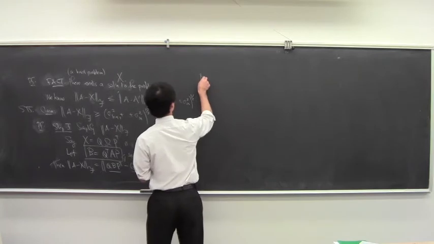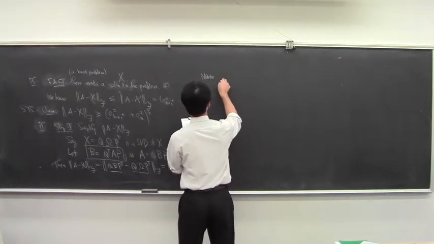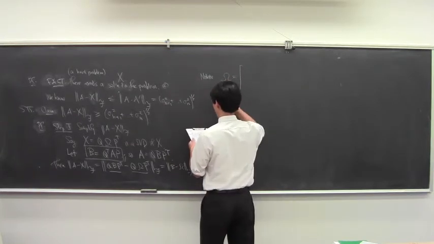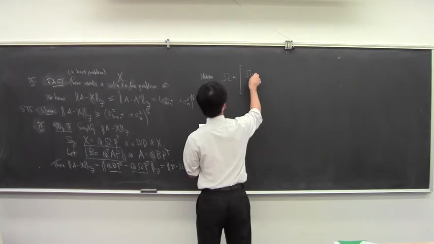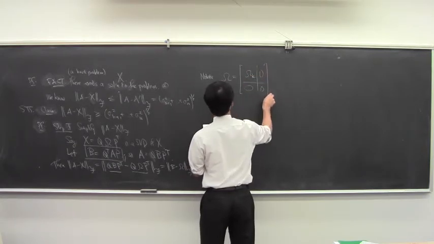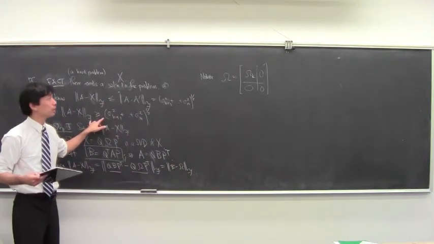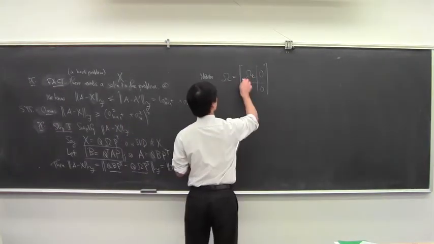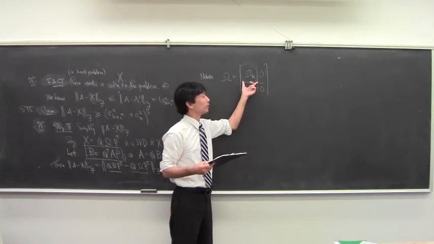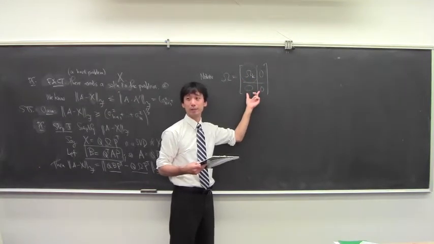Let's notate omega. Remember, X is a rank K or less matrix, so you have this K by K diagonal matrix here, and then zeros everywhere else for the omega.